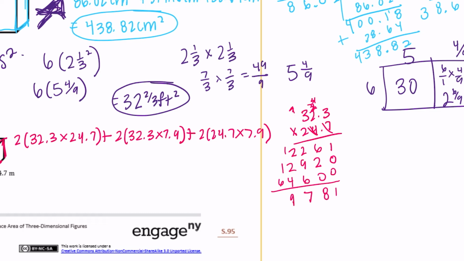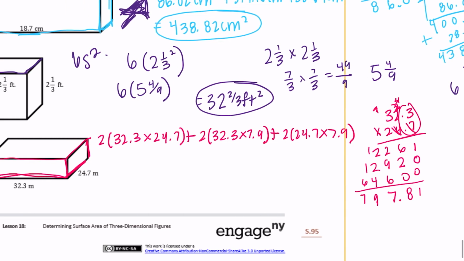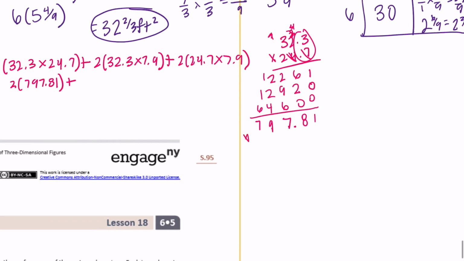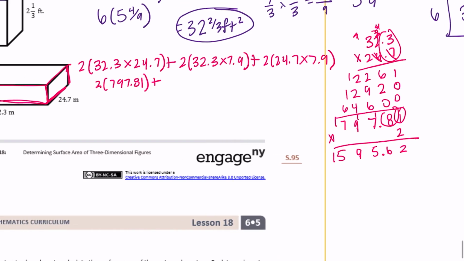That's 5 plus 4 is 9, and 7. 2 digits behind a decimal point, so we have 797 and 81/100ths. Plus, I'm just going to multiply that by 2, so that we're just one more step ahead. Okay, and 2 digits behind a decimal point, so 1,595 and 62/100ths meters squared.